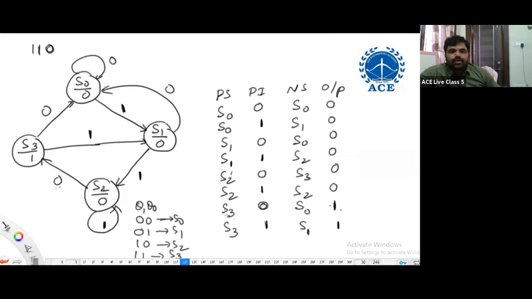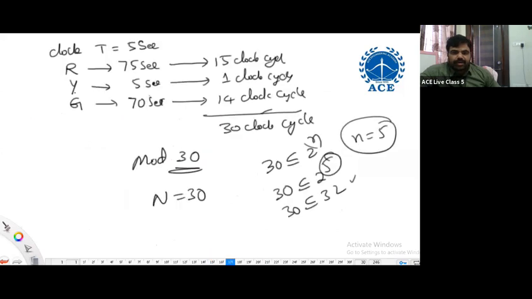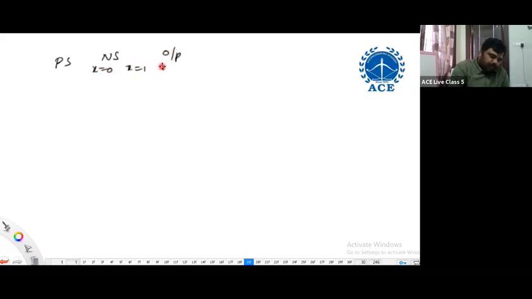Hold on. Some people are requesting to explain this data once again, so let me take it once again. What we have here is the present state, the next state for x equals 0 and x equals 1, and the output for x equals 0 and x equals 1.